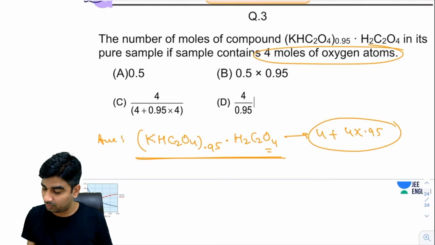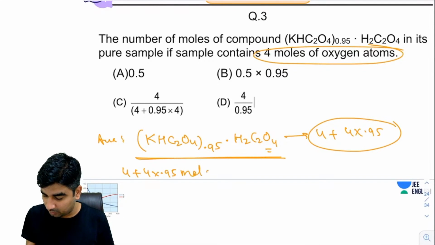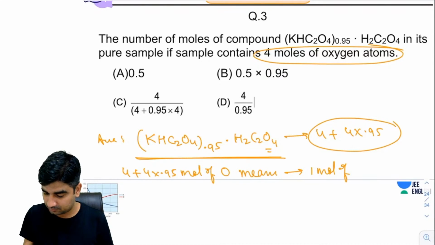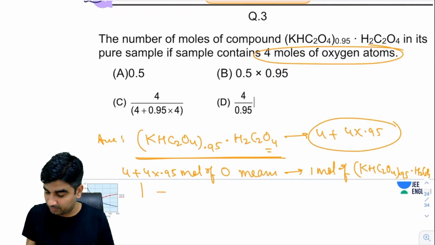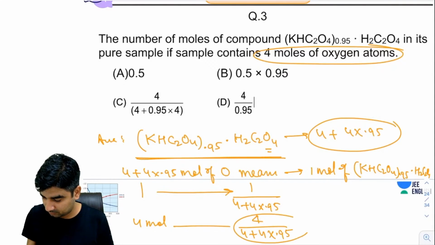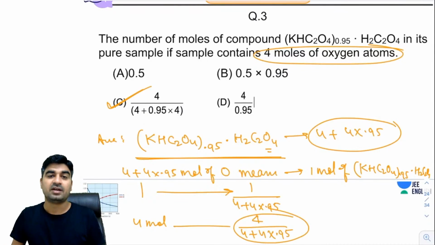If sample contains 4 mole of oxygen, so I can write, if sample contains this many moles of oxygen, it means 1 mole of it, dot H2C2O4, and 1 means 1 upon, and 4 means. I hope you got the answer, and it is this.